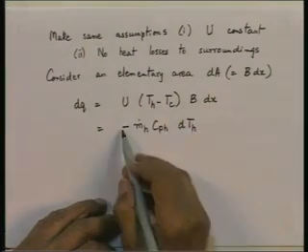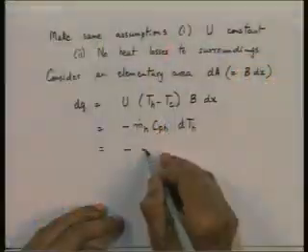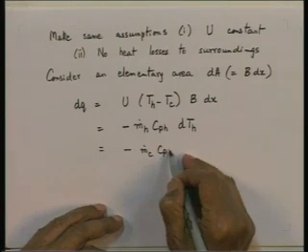Notice the negative sign is because dTh will be negative in the positive x direction, and that is equal to minus m dot c Cpc into dTc.